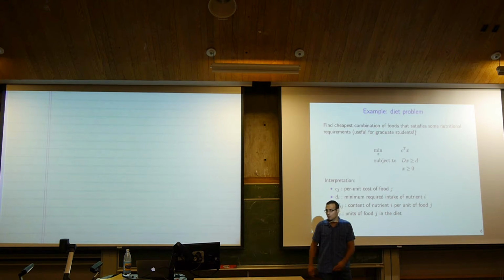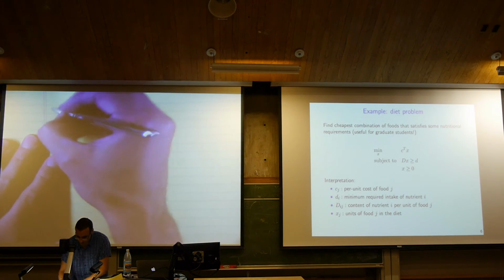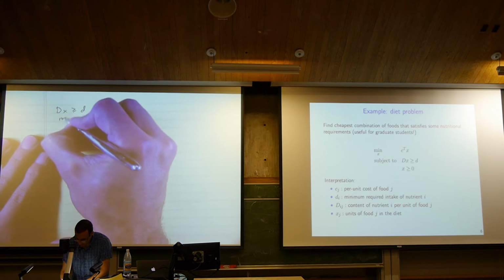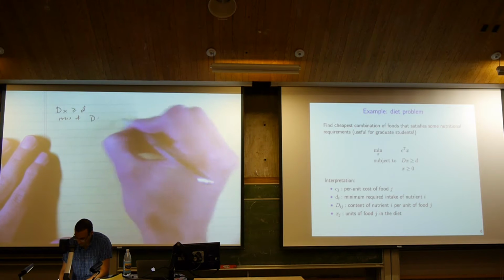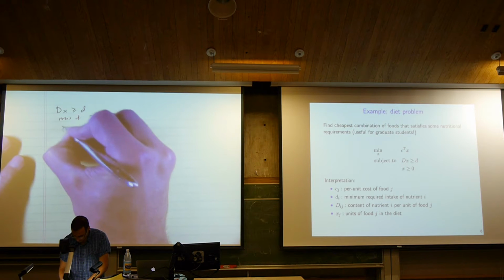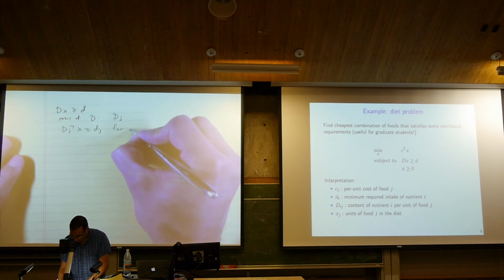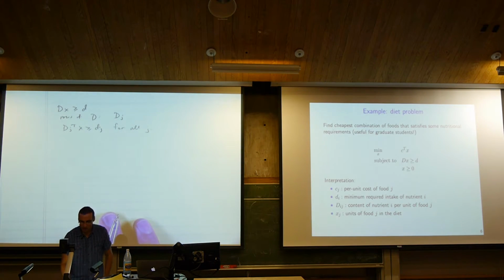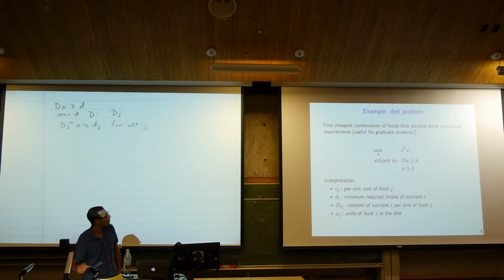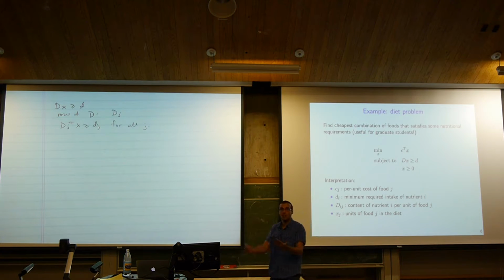And that constraint, Dx bigger than or equal to d, I can rewrite if I want. Let's suppose I call the rows of D, di. Then I'm saying that di transpose x has to be bigger than or equal to di for all i. And let's suppose the rows of D, or the components of this vector d, index different nutritional requirements. Let's suppose calcium is one of them.